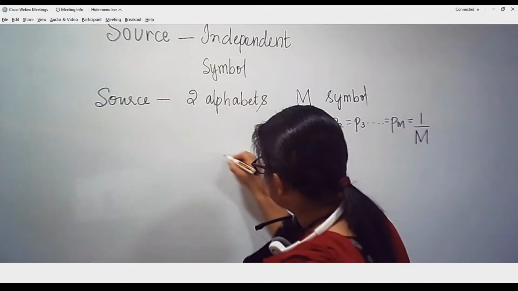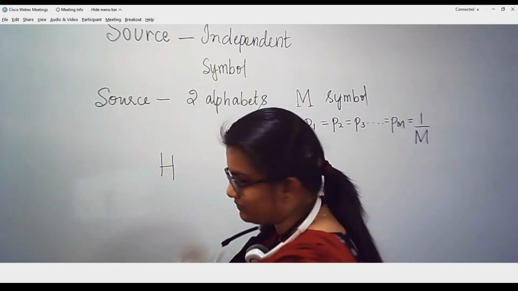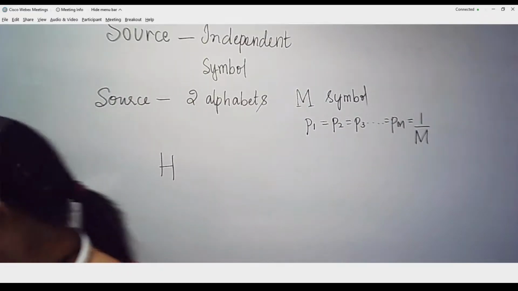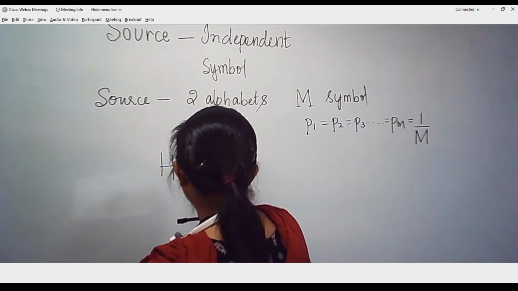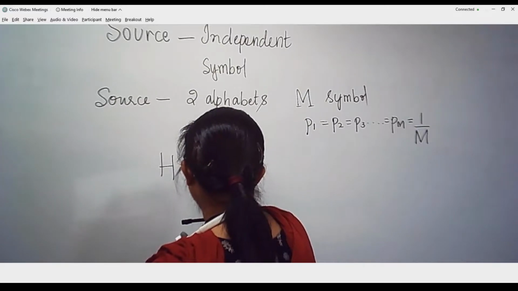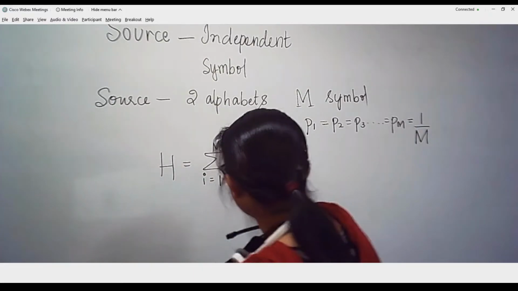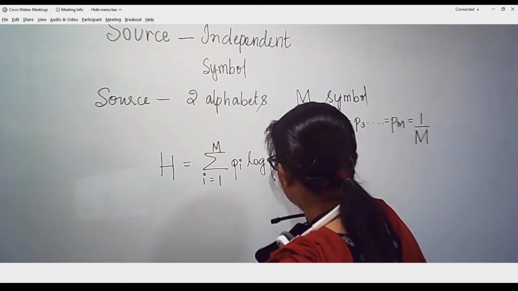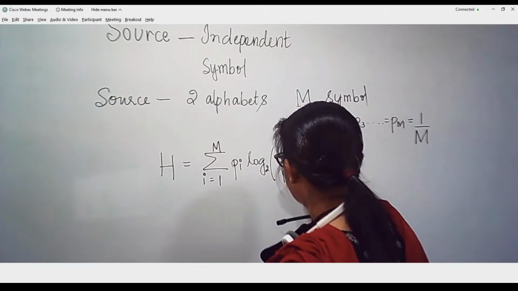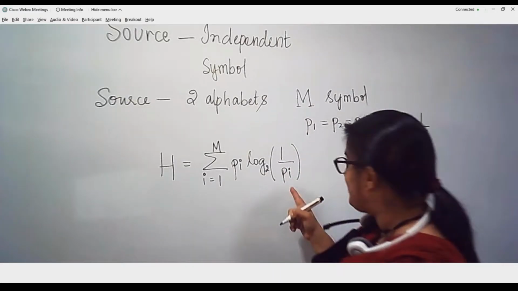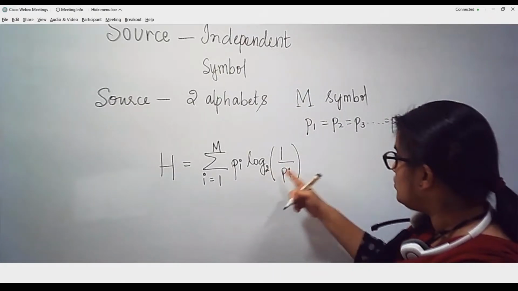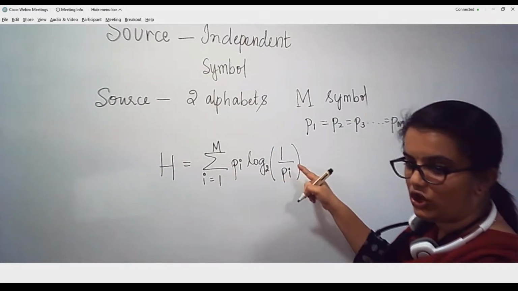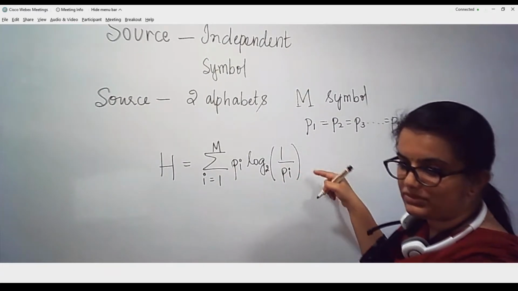In such case, the entropy of the discrete system will be given by H equal to summation i running from 1 to m of Pi log to base 2 of 1 over Pi. So what is this Pi now? Pi is equal to 1 by m, and this will give me log to base 2 of m, correct?